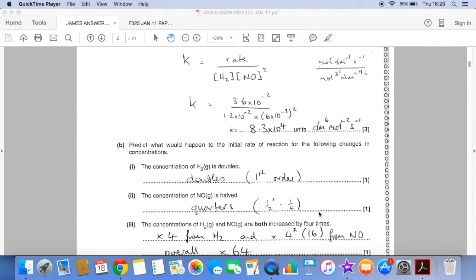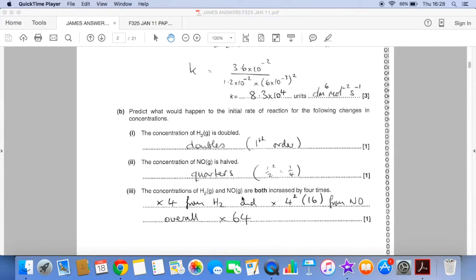So if the concentration of hydrogen is doubled, the initial rate would double as well because it's first order with respect to hydrogen. If the concentration of NO is halved, the initial rate would quarter, and that's because a half to the power 2 is a quarter.